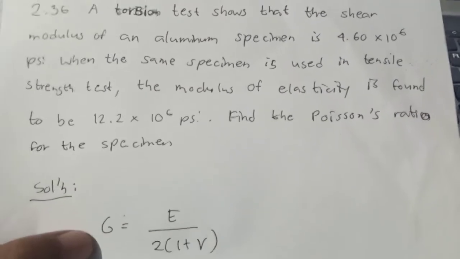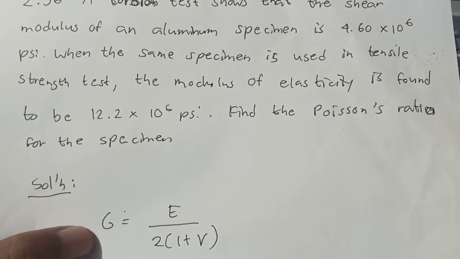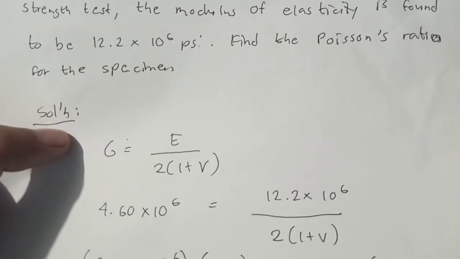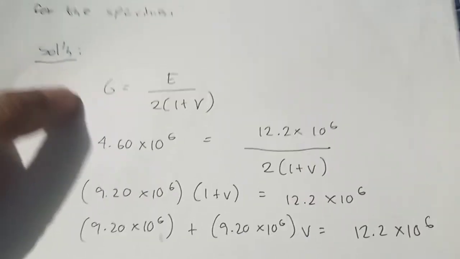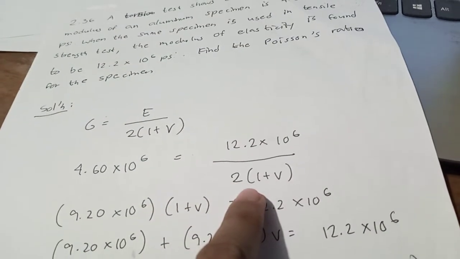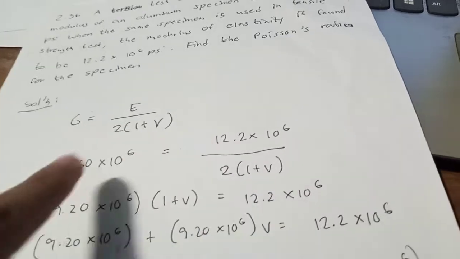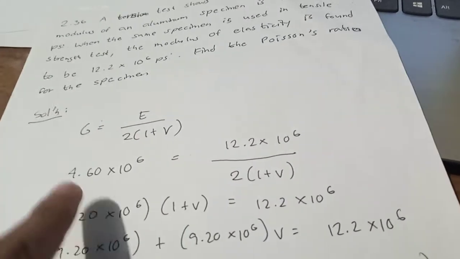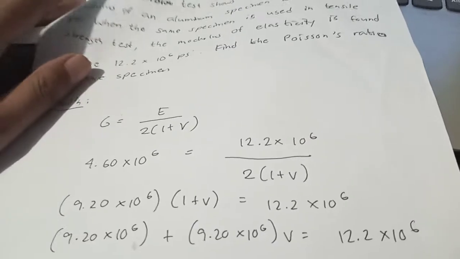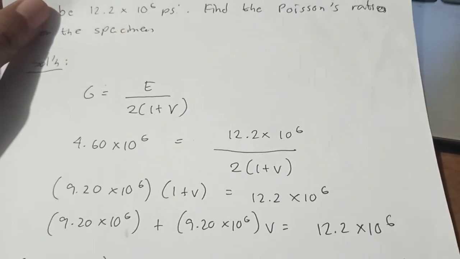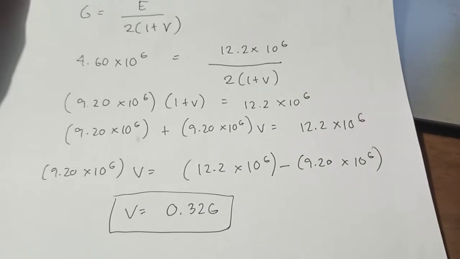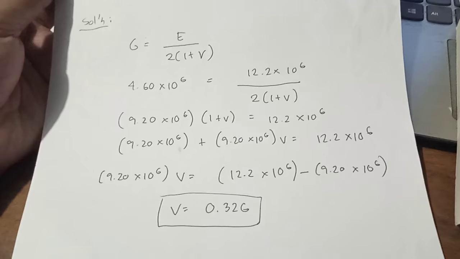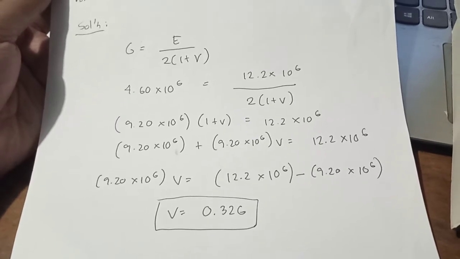G is 4.60 times 10 to the 6 psi, and E is 12.2 times 10 to the 6 psi. By algebraic manipulation, we multiply both sides by 2 times 1 plus v in order to eliminate this one. It became 2 times 4.60 times 10 to the 6, which is 9.2 times 10 to the 6, times 1 plus v. To make the long story short, we get the value of v, or the Poisson's ratio, as 0.326.